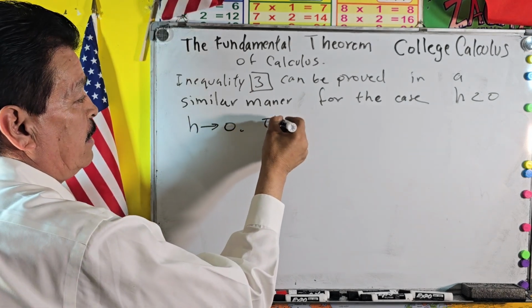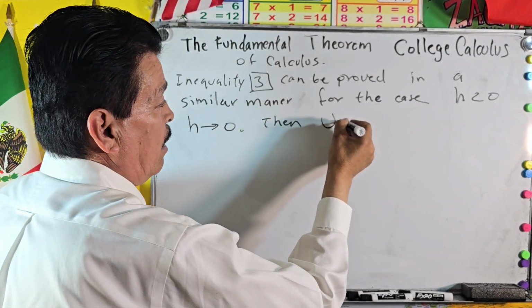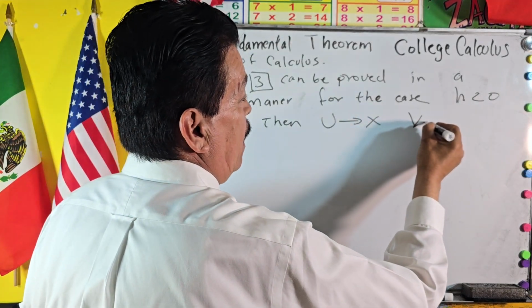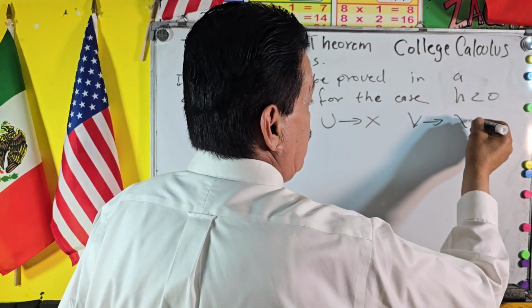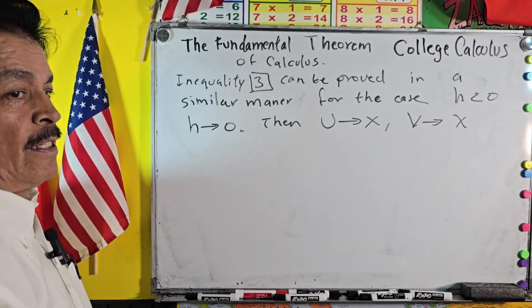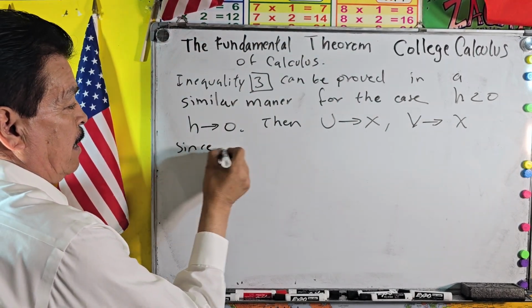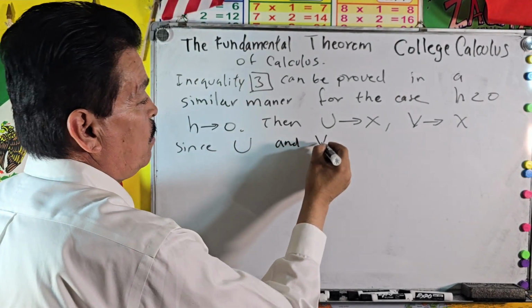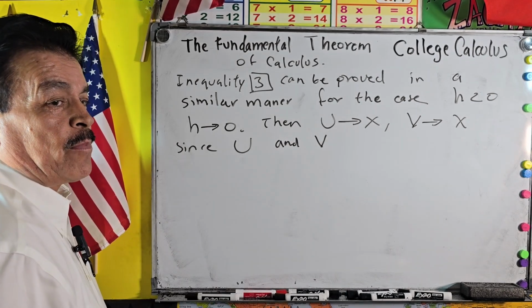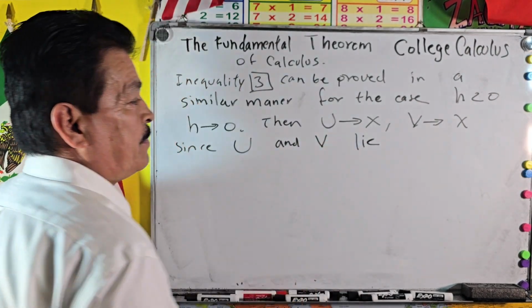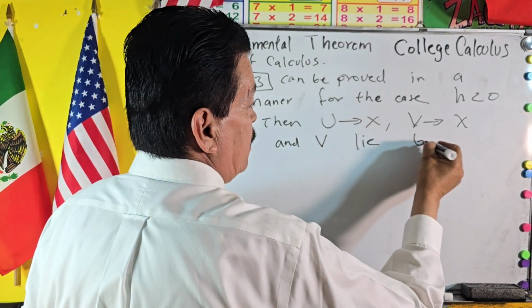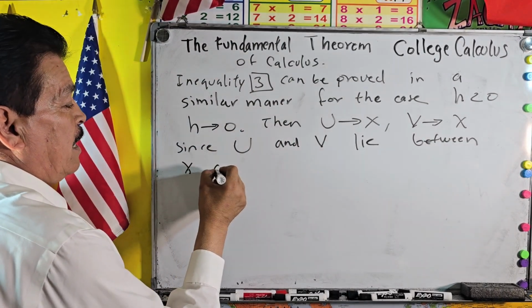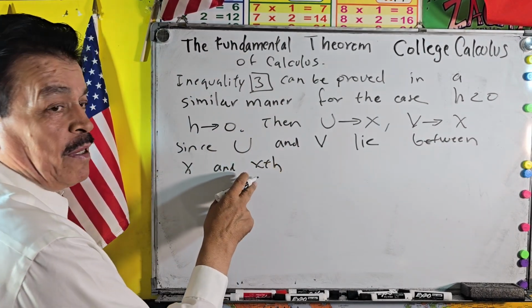Then u approaches x, and v approaches x, because u and v lie between x and x plus h. Remember, x plus h.